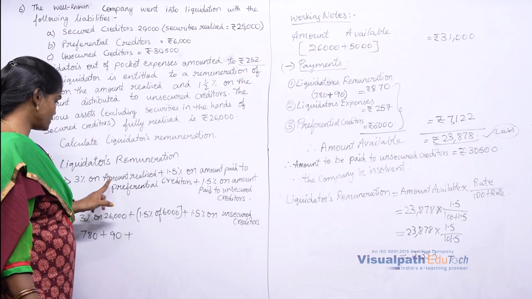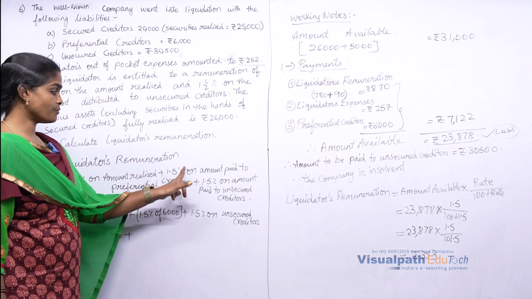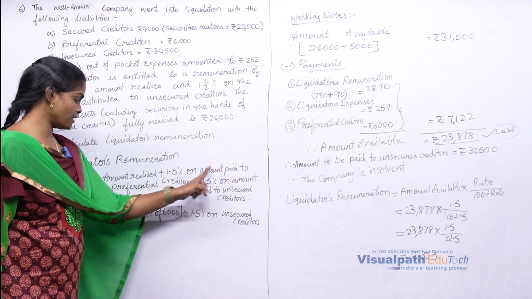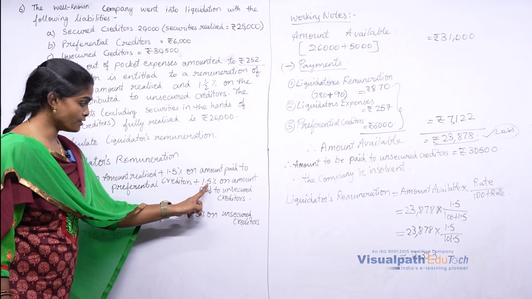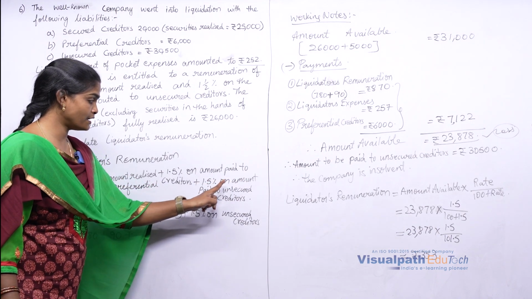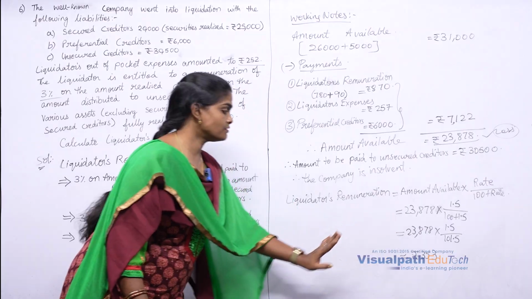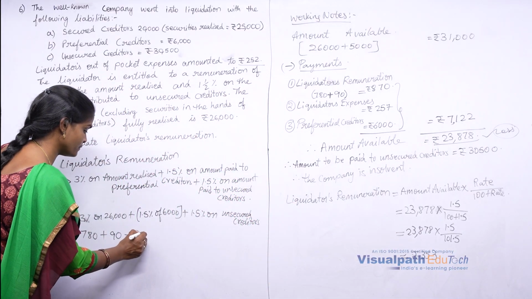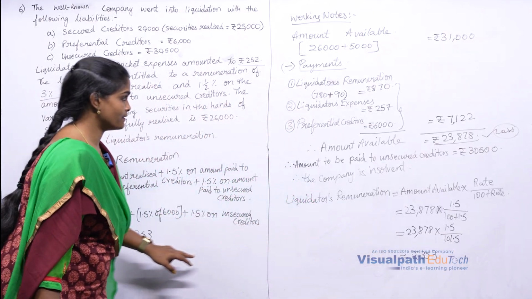See, already 3% on amount realized we have calculated, which is 780, and 1.5% on amount paid to preferential creditors, which is 90, and 1.5% on amount paid to unsecured creditors, just now we have calculated, which is 353. Clear? So this 353 amount we will take here.